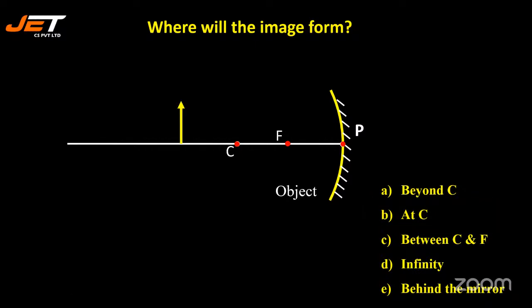Next. Again, if the object is beyond C, అప్పుడు ఎక్కడ ఫామ్ అవుతుంది ఇమేజ్ మనకు?